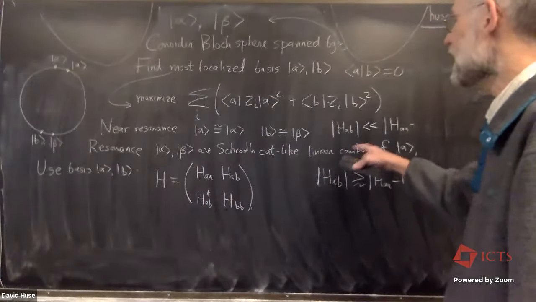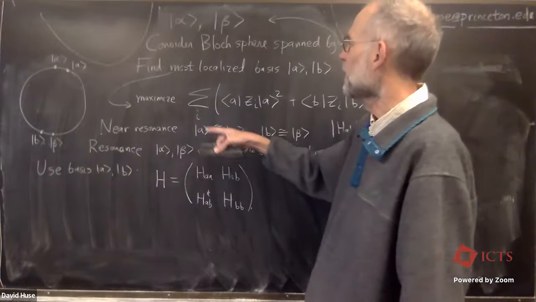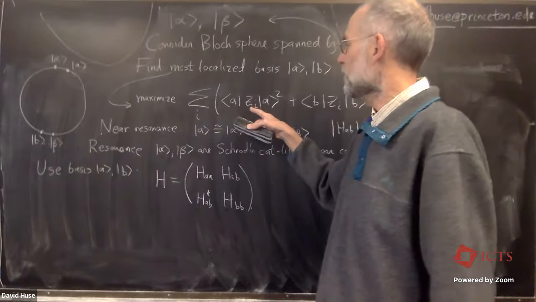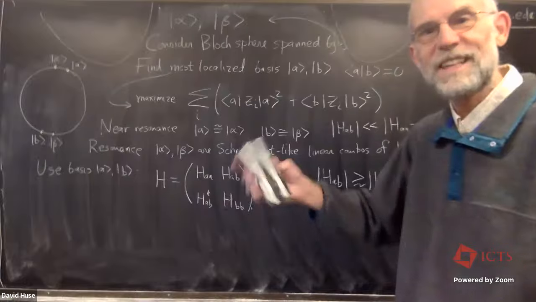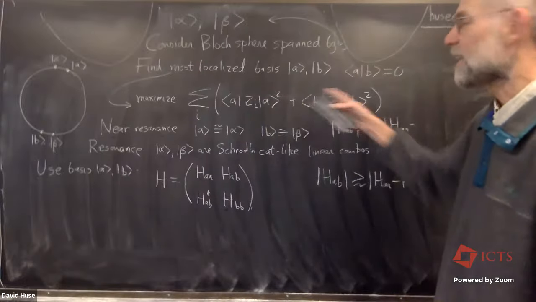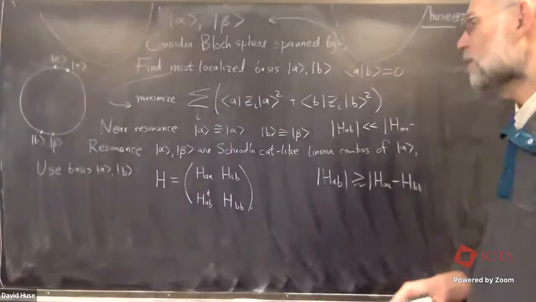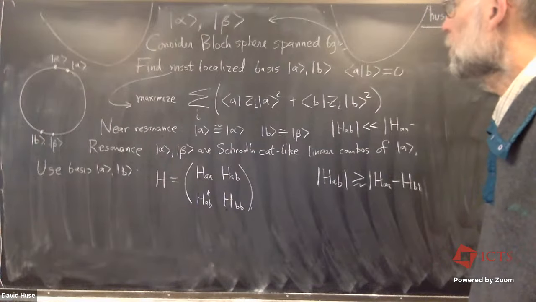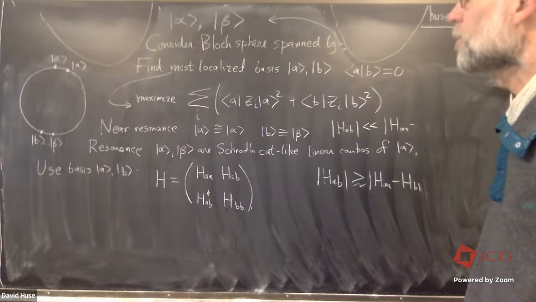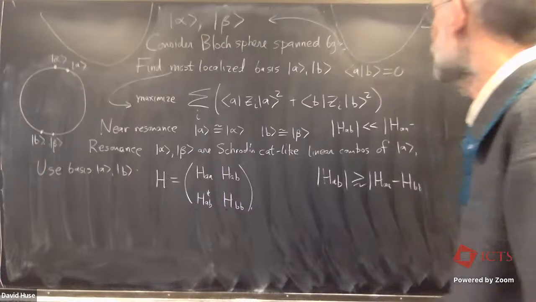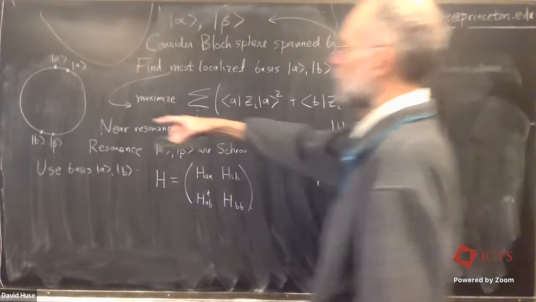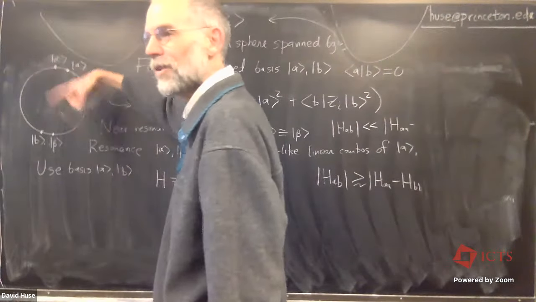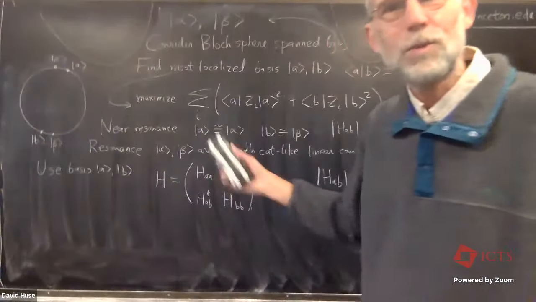So the resonant states typically have small expectation values of Z on the sites that are opposite in A and B. But there's no issue of it being near zero. Of course, there's somewhere on the Bloch sphere where it's near zero, but that's the minimum. We're way away from there.